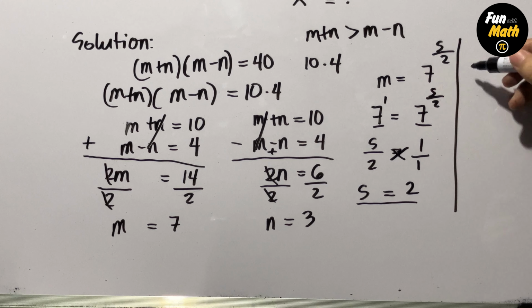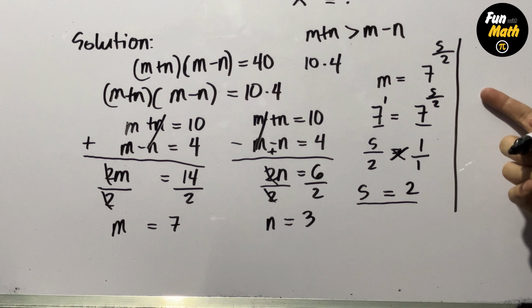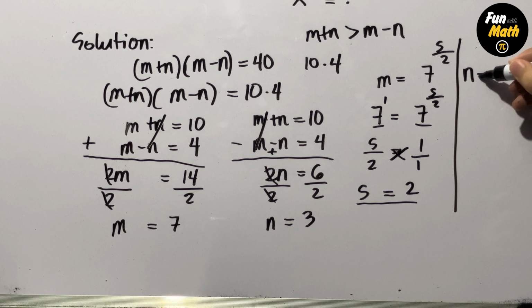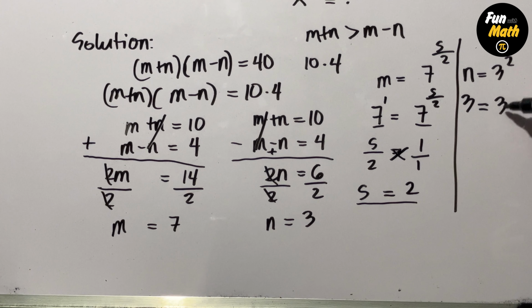Same, m is equal to 7 to the power of s over 2. And for n, earlier we also let n be equal to 3 to the power of s over 2. So for now, this is 3 equals 3 to the power of s over 2.